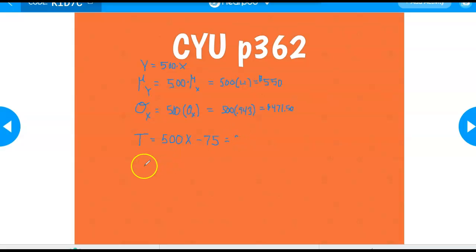So the mean of T would be 500 times the mean of X, and that is $475.